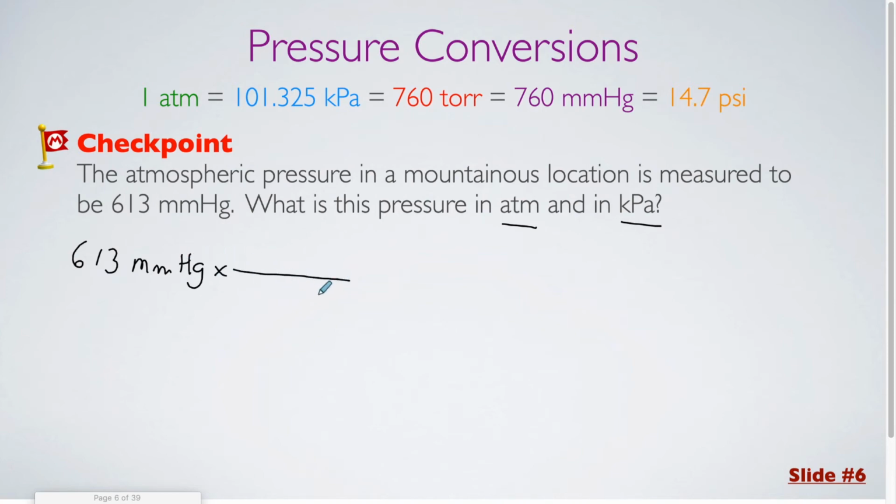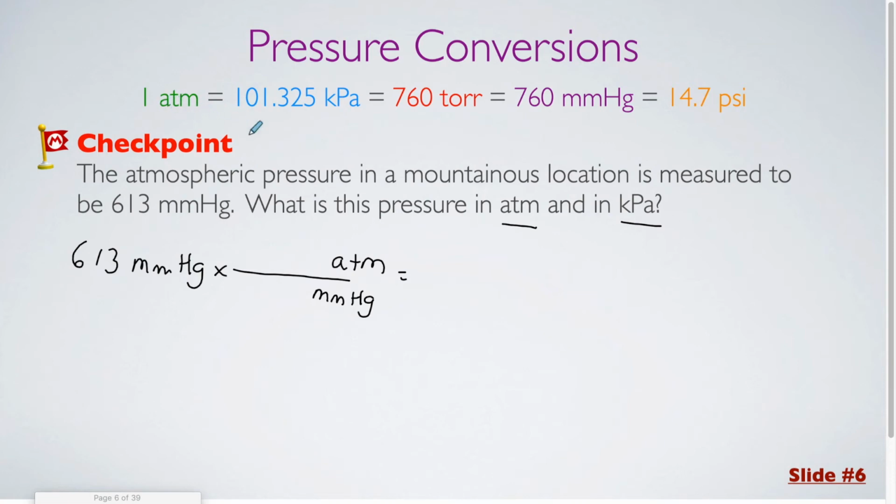And since we're starting with this unit, that unit is going to go on the bottom. Whatever unit we're looking for is going to go on the top. These are all going to be one-step conversions because all of these units can be related to each other directly. I'm asked for atmospheres first, so I'm going to put that up top. We get our numbers from this conversion factor.